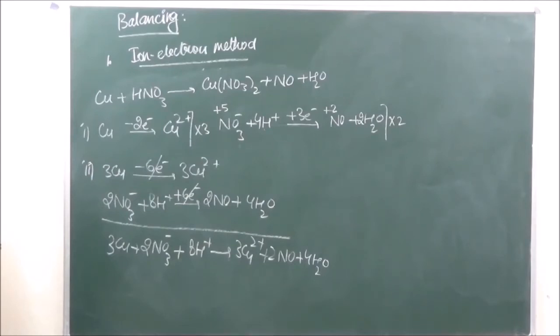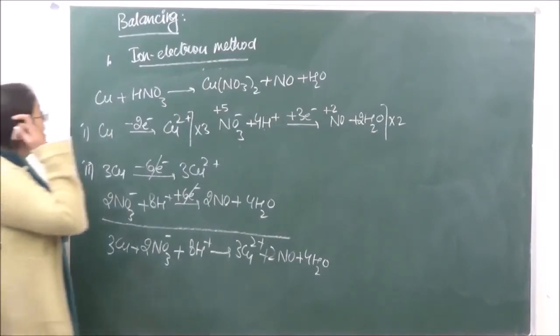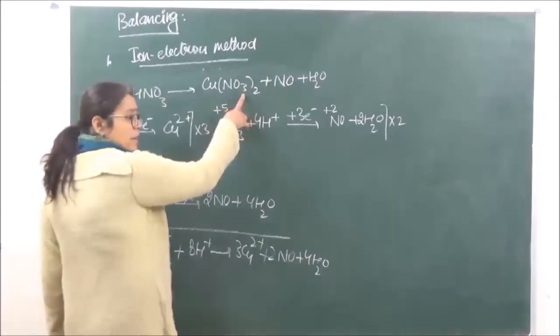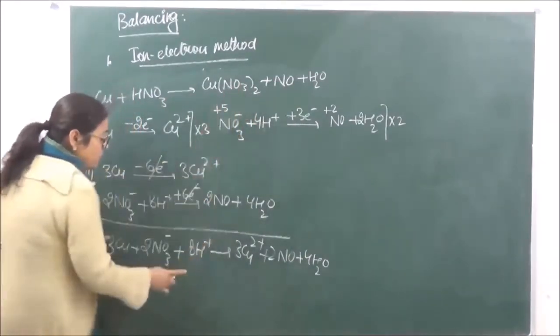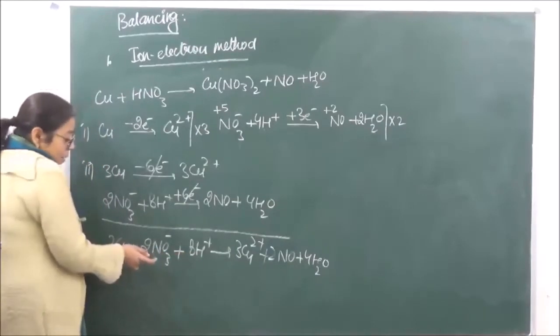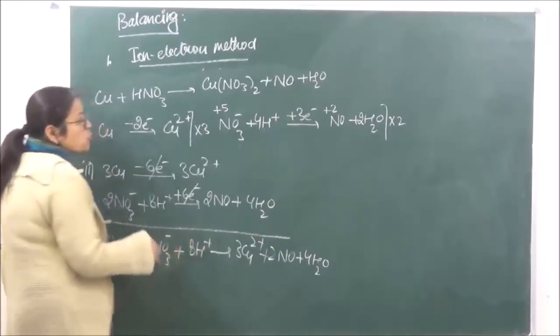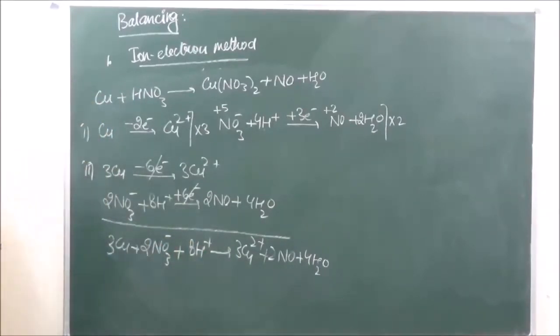Now in order to convert it into molecular form, you can see over here that the number of nitrate ions have to be now put. So if you're looking over here, there are 6 nitrate ions which are present. So to balance, we will also put 6 more nitrate ions on both the sides so as to balance the number of nitrate ions. Finally, ठीक है?